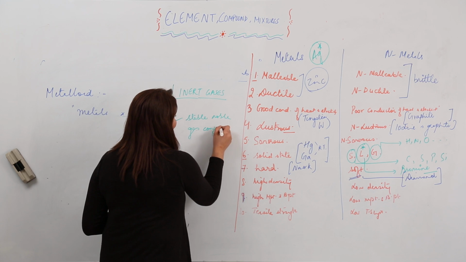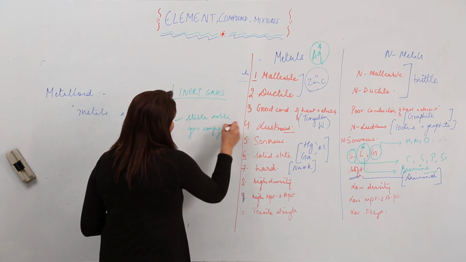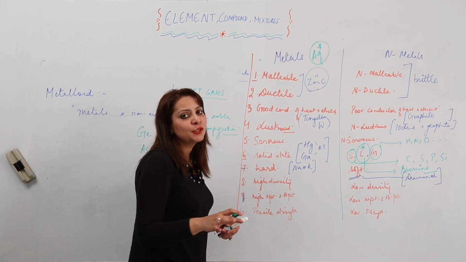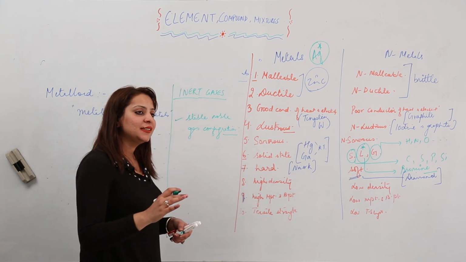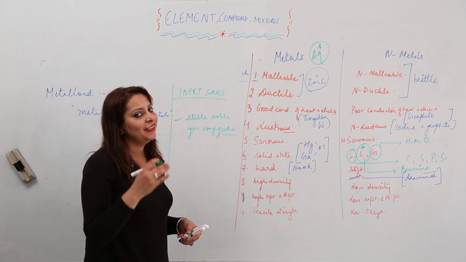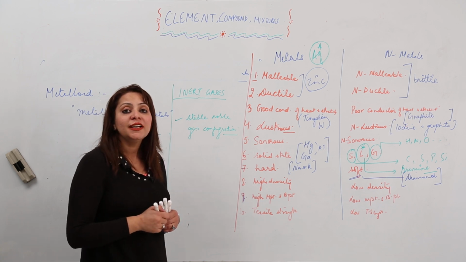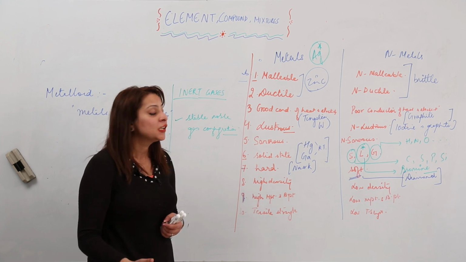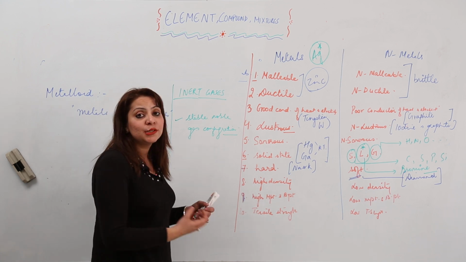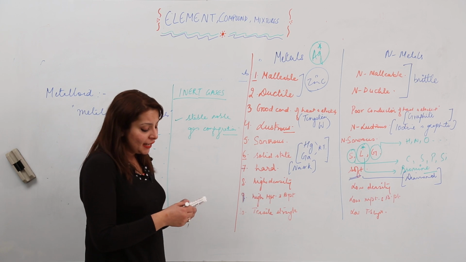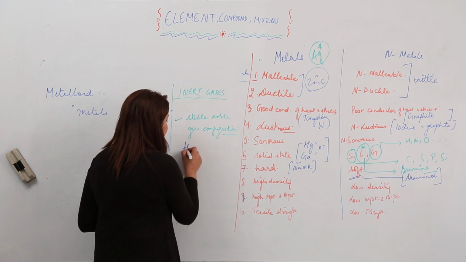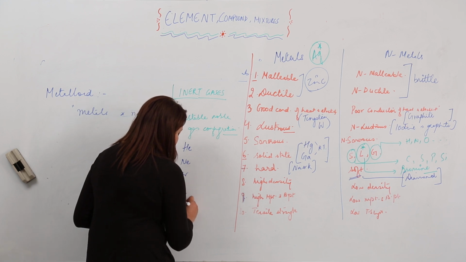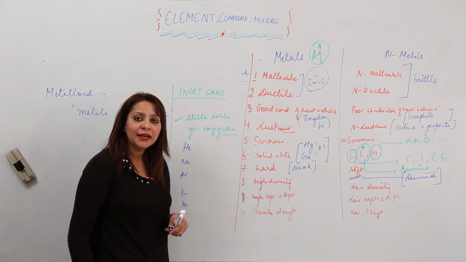That is why they are also called noble gases, because their octet is entirely complete, and in the case of helium it is a duplet. In the rest of the members the octet is fully filled. They don't need to combine with other elements. That is why their valency is 0 and they are called inert gases. I am just listing examples for you: helium, neon, argon, krypton, xenon. So likewise we have the noble gases.